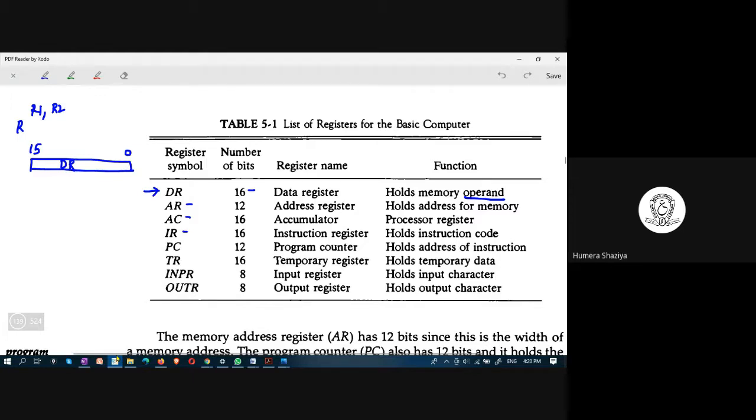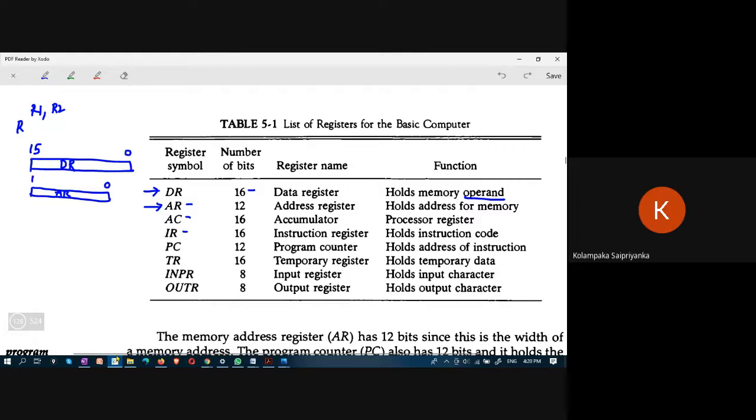What is AR? AR is address register. Just now we learned about the address in the instruction. Can you tell me how many bits that was? 12 bits. So the address register in this case is 12 bits and the bit numbers would be 0 to 11.